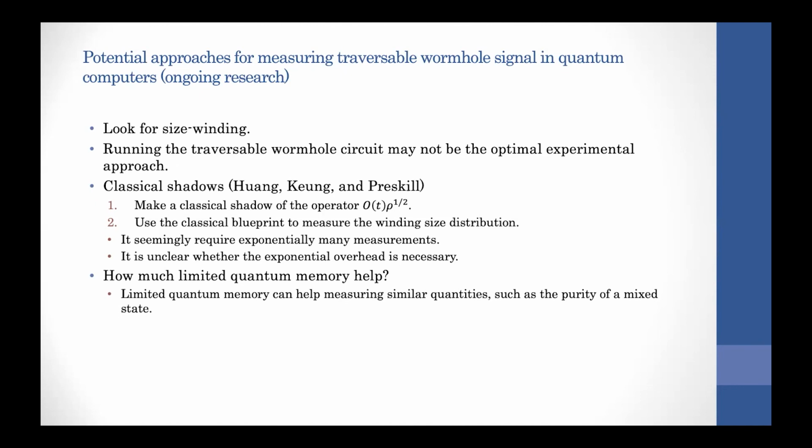And we're looking at how much quantum memory could help in this process. One nice thing about this size winding picture is that you only need one copy of the system because it's defined on the operator and not on the two-sided system. That could give you a benefit in near-term experiments, a factor of 2 in the number of qubits.